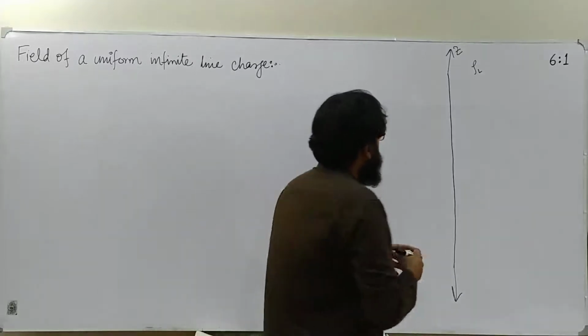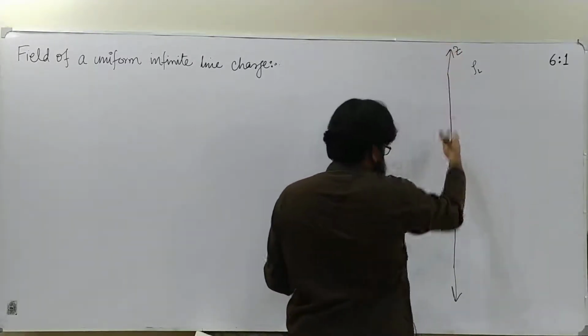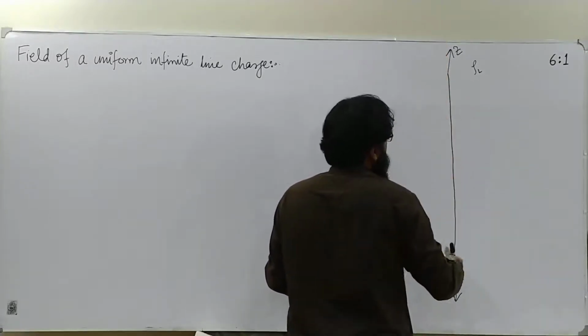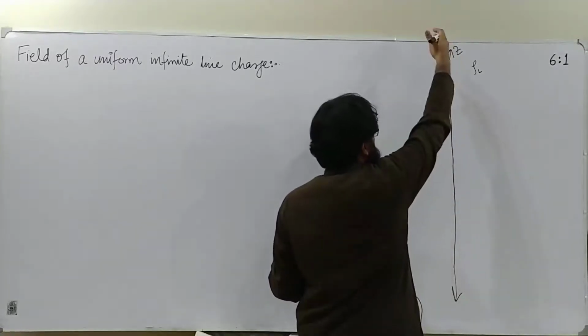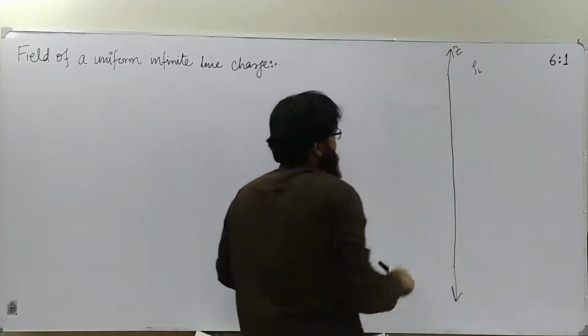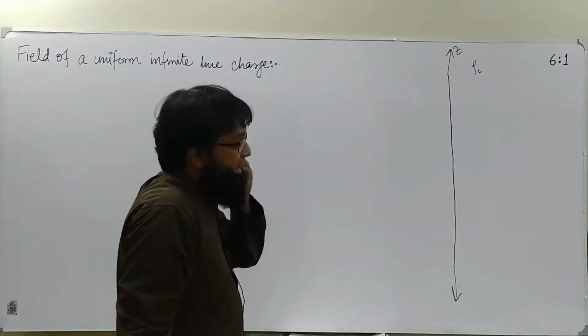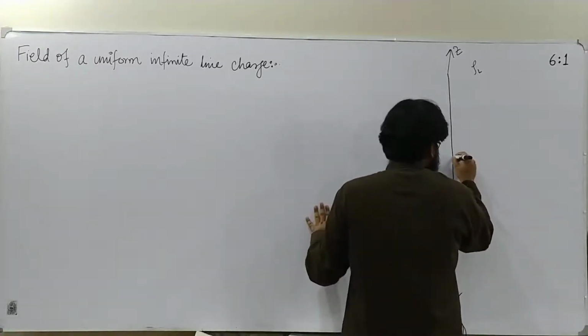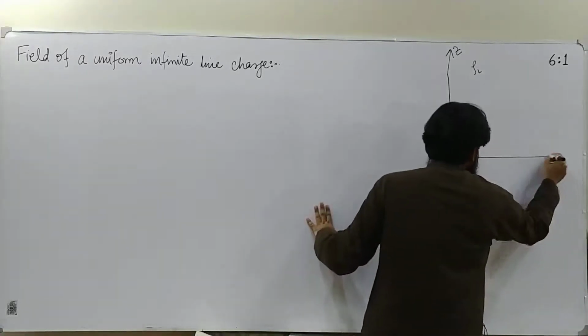It's always advisable. If we make the z-axis, which is infinite obviously, the infinite line charge, that would give us a very important ability.